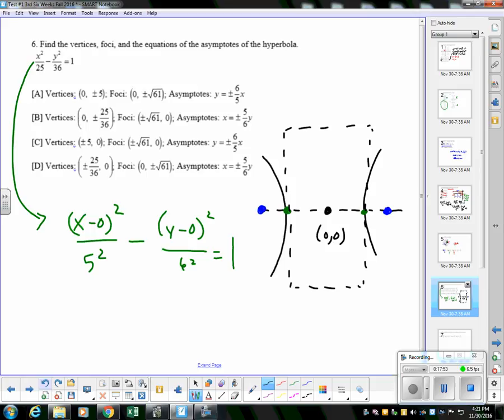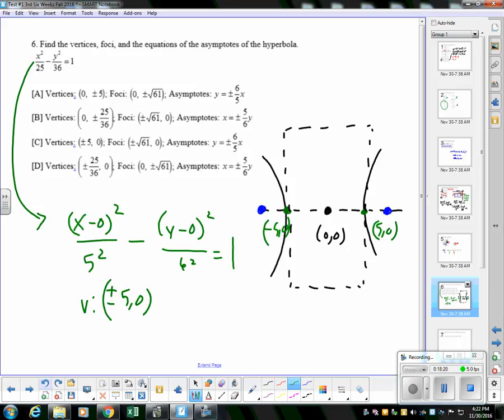So the vertices are the points 5, 0 and negative 5, 0. It's kind of busy on the graph there, but my vertices have to be the points plus or minus 5, 0.